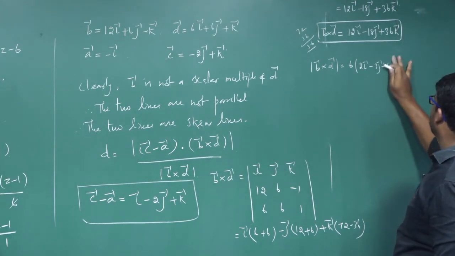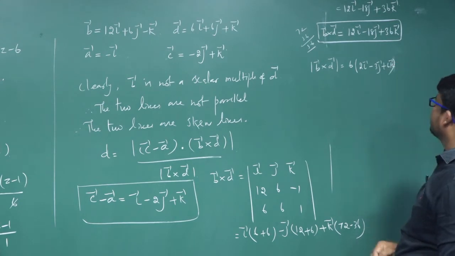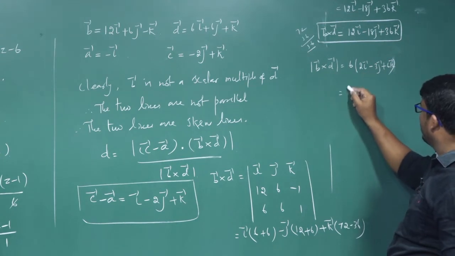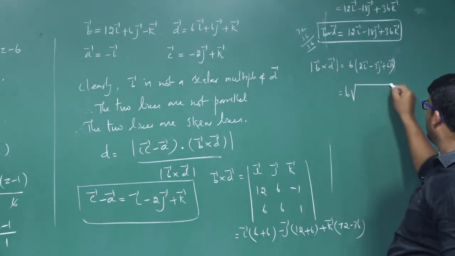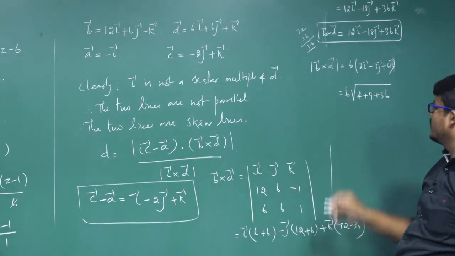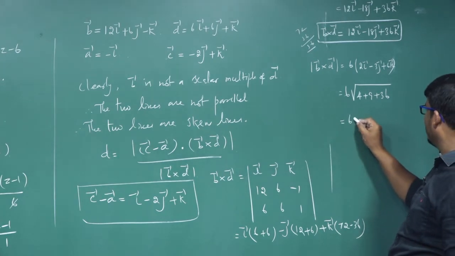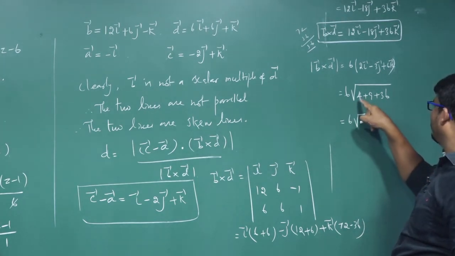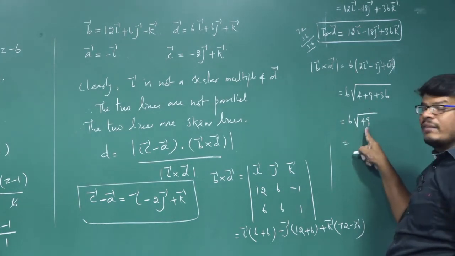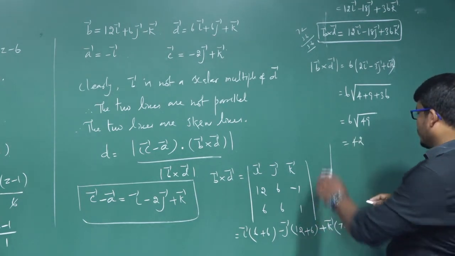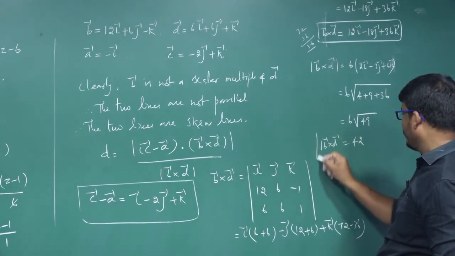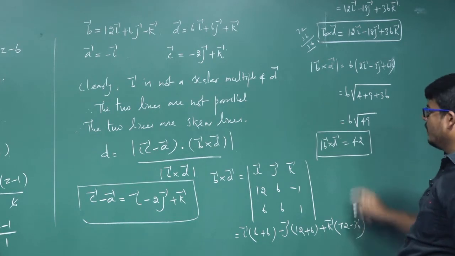The modulus means the square root of the sum of squares: 2 squared is 4, plus 3 squared is 9, plus 6 squared is 36. That is 6 into root of 49, and root of 49 is 7. 7 times 6 is 42. So the modulus of B vector cross D vector equals 42.